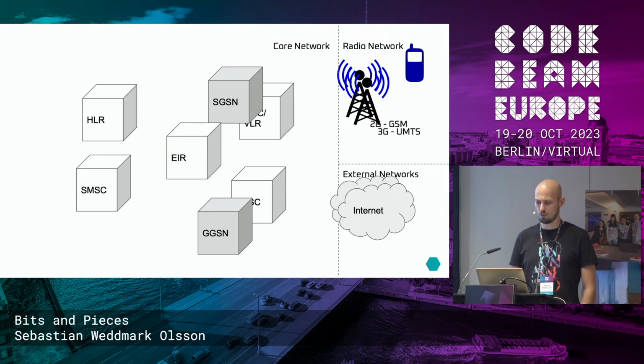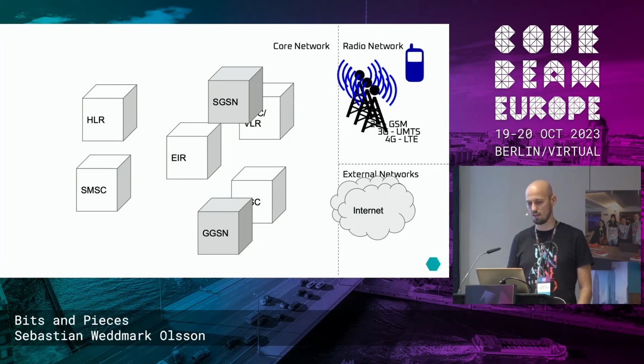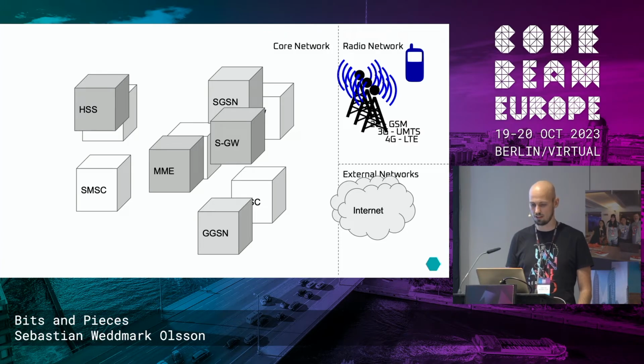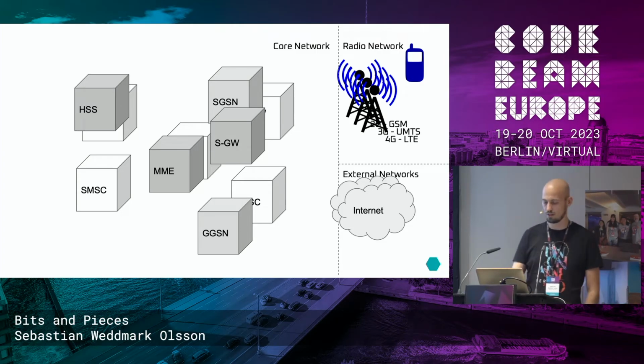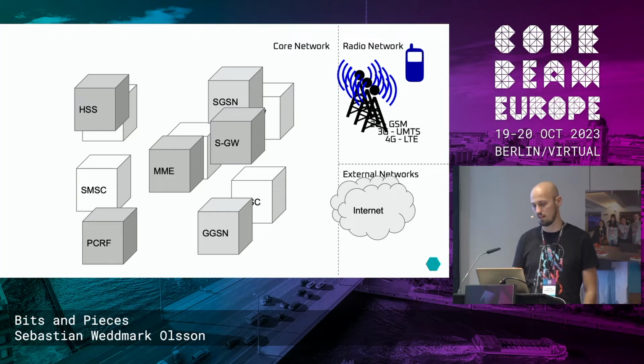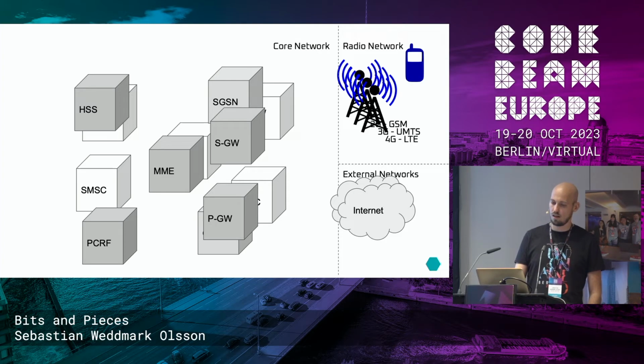But you have heard of 4G, and it's a completely new architecture, so you keep adding nodes for that, new data formats, you need a new database for that. You might add some new functionality for policy control, for instance. And there's also a new node for connecting to the internet there, so you want that behavior as well.